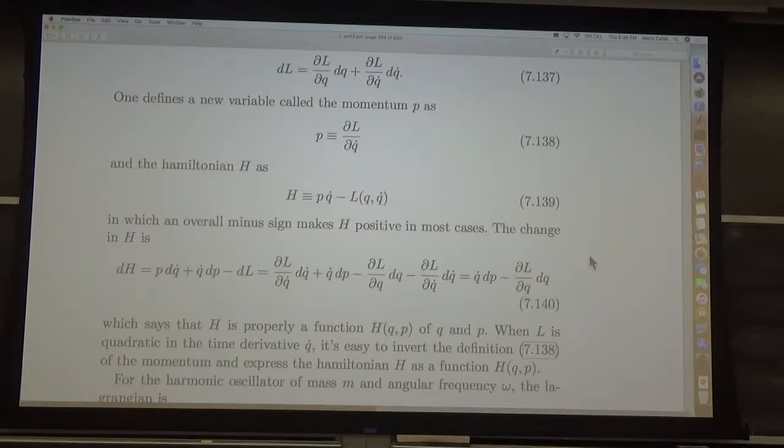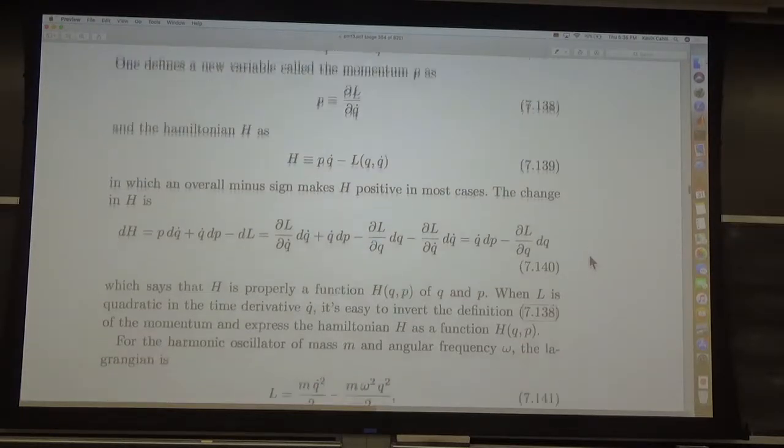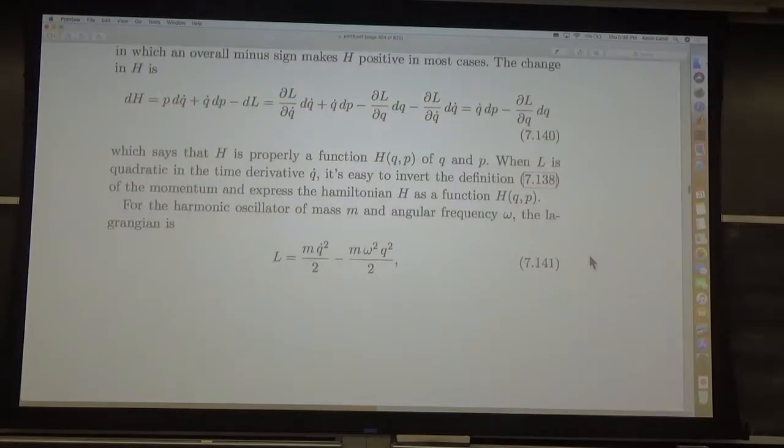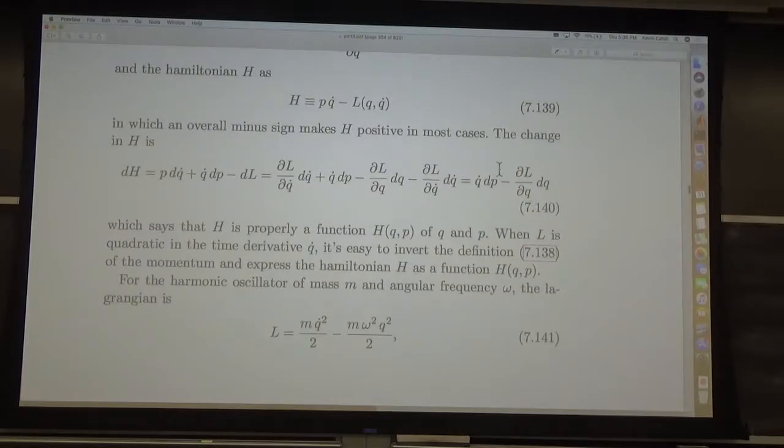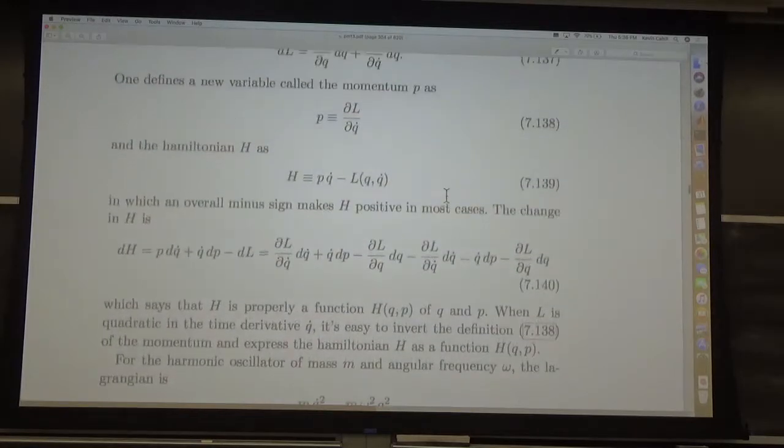And that says that the Hamiltonian is a function of p and q. At that stage, you want to re-express q dot in terms of p and q, and you have to use this equation to do that.